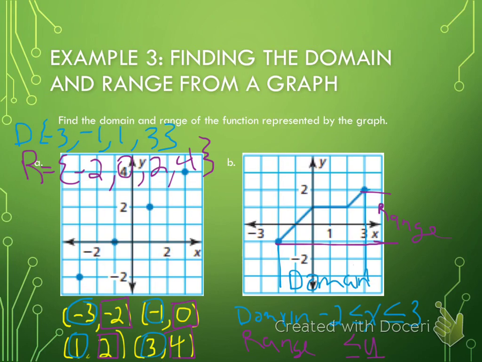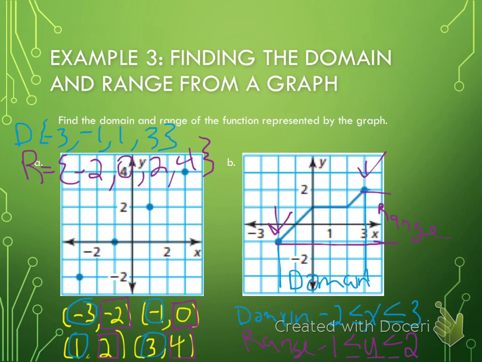I'm going to put a less than or equal to. And our range, the minimum, is going to be -1, this point right here. Our maximum is going to be +2, which would go right there. So our range is from -1 to 2. You can write it this way.